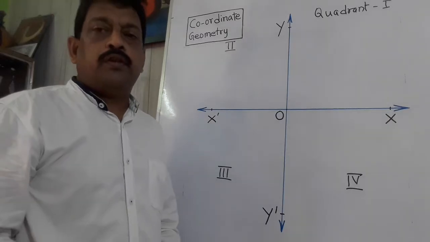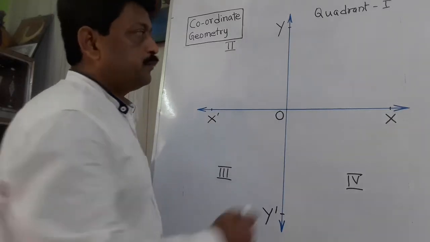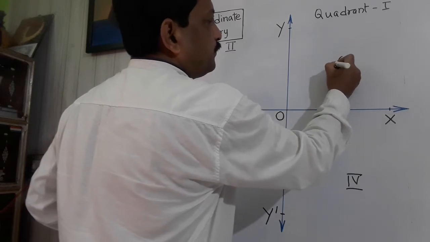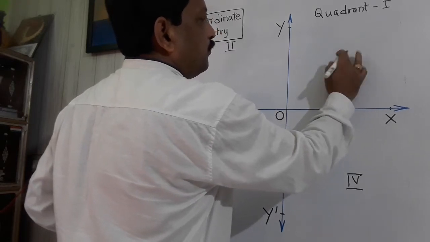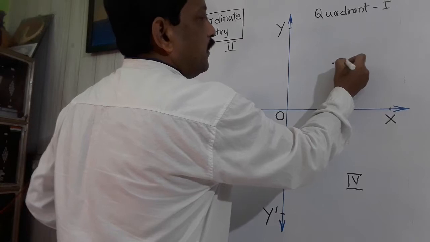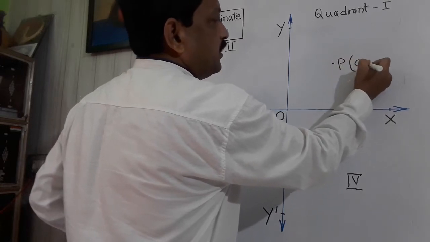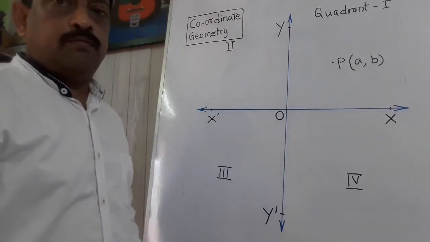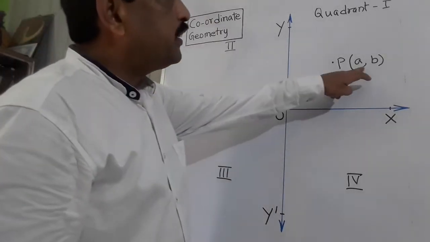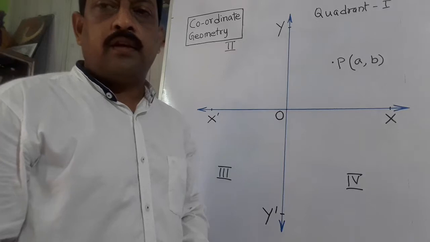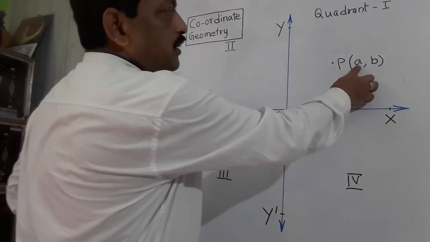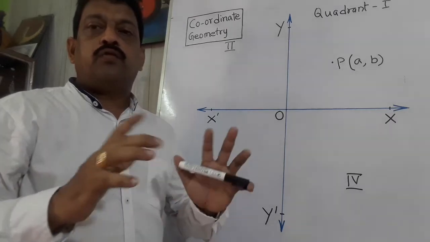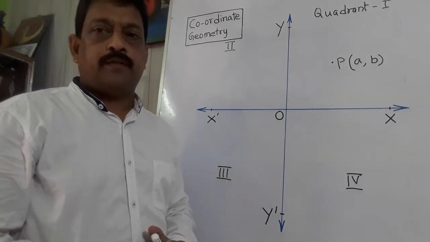Any point, if it is given on the graph, suppose I have given a point P, and it is represented by two numerical values beside P. These numerical values are known as the coordinates. This is the x coordinate and this is the y coordinate, and together they are known as an ordered pair.